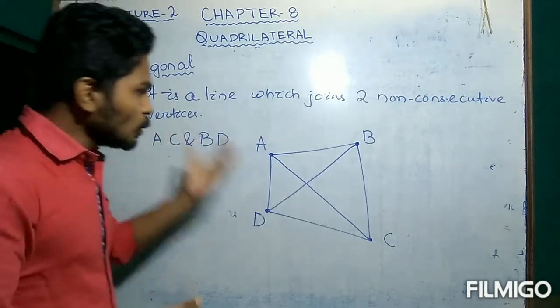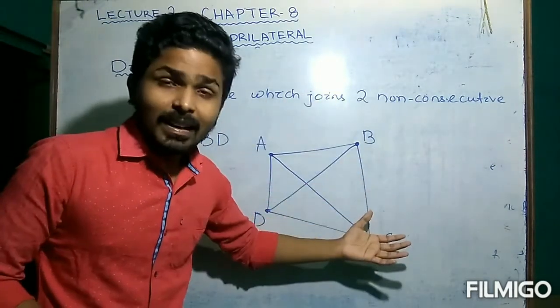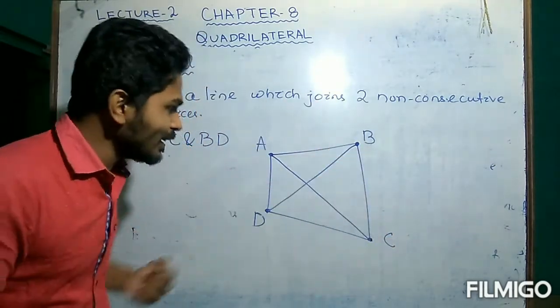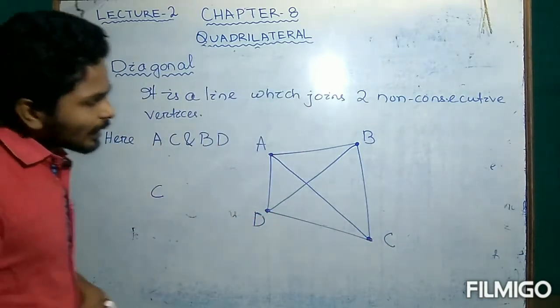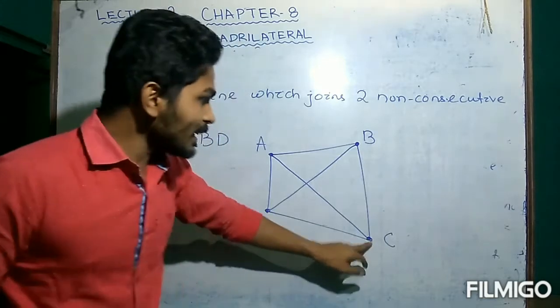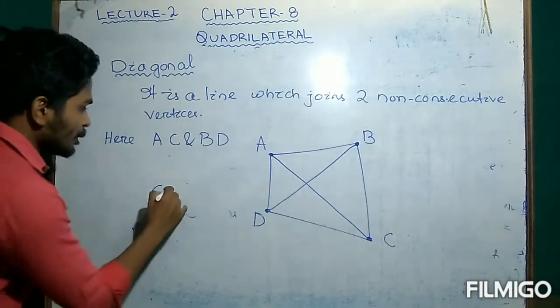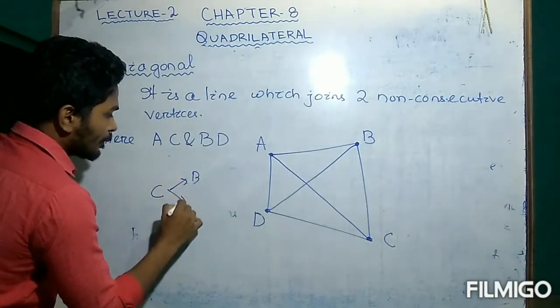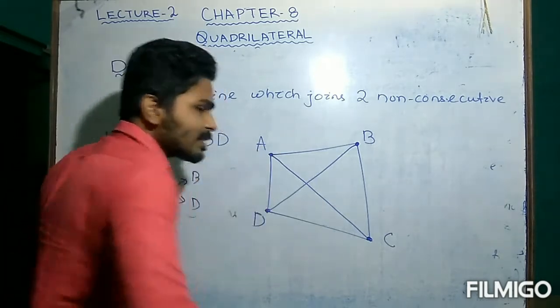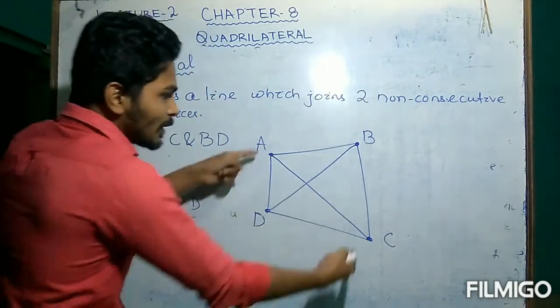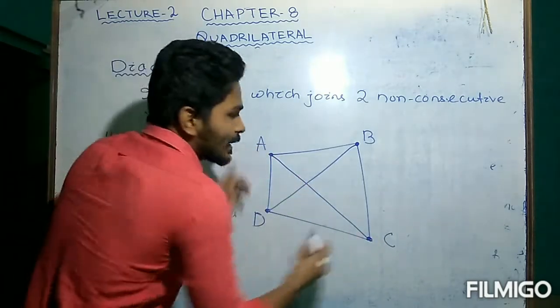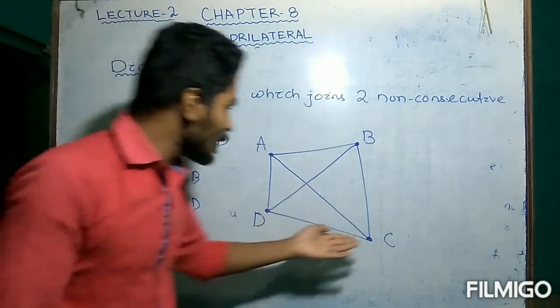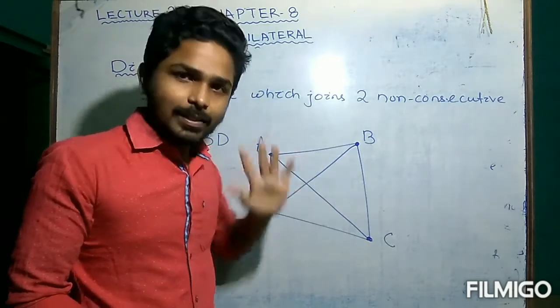Next, does this quadrilateral have any more diagonals? Let us find. For example, we consider the vertex C. What are the consecutive vertices of C? Vertex B and vertex D. So vertex A is the non-consecutive vertex. Let us join them. But already we have joined A and C, so there is no meaning in joining C and A again. Understood?